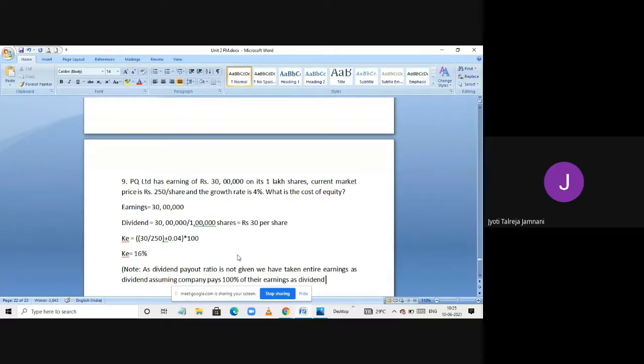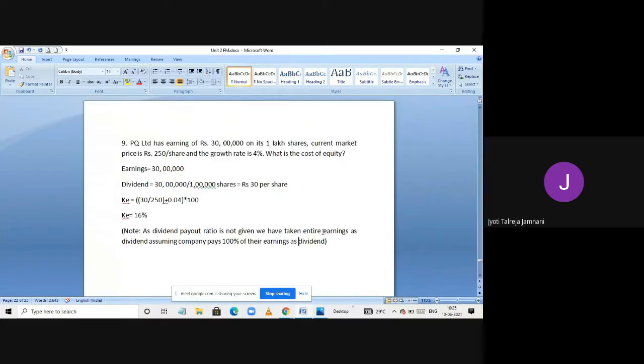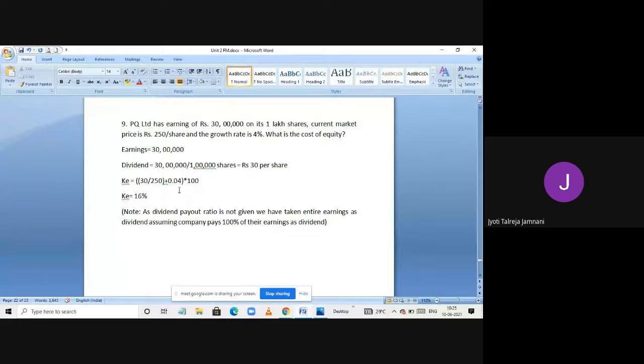Because if they don't give the ratio, we cannot assume, we cannot say company will pay 30%, 40%, 60%. So we are thinking whatever is earned entirely is gone to equity shareholders. So 100% dividend is what we have to take. So 30 lakh, full 30 lakh has gone as dividend is what we do. So here is the dividend per share.